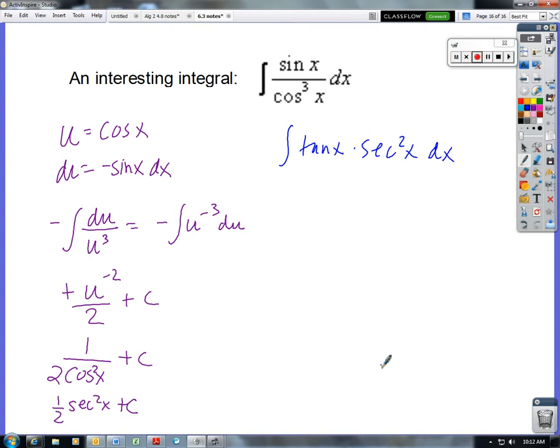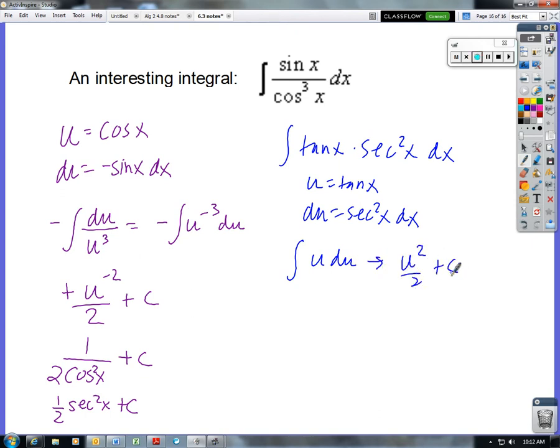If you noticed it that way, this is pretty slick because the u could be tan, because the derivative of tan is secant squared. So then you're going to have the integral of u du. That works very beautifully. That's u squared over 2 plus c. And then u is tan. So you get 1/2 tan squared of x plus c.